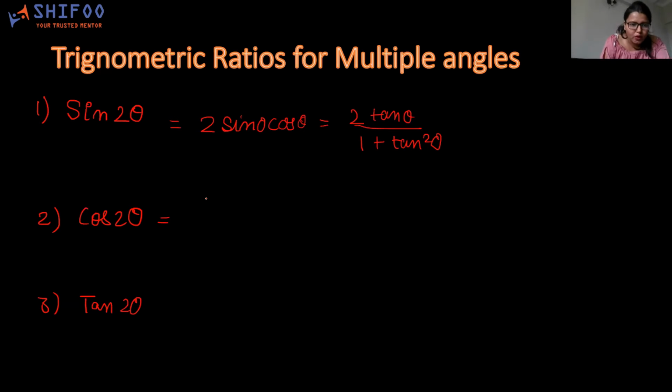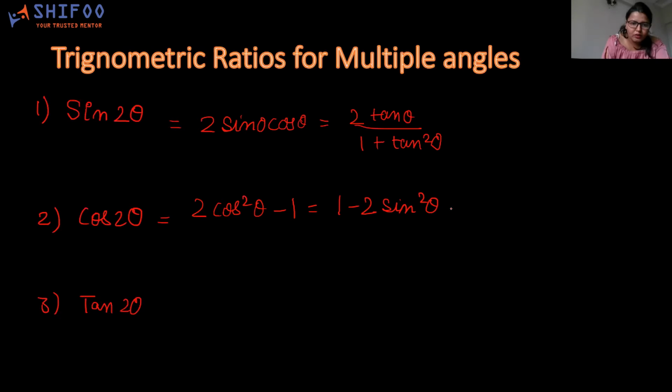Then we can move on to cos 2 theta, that is 2 cos square theta minus 1. It can also be written as 1 minus 2 sine square theta, right?